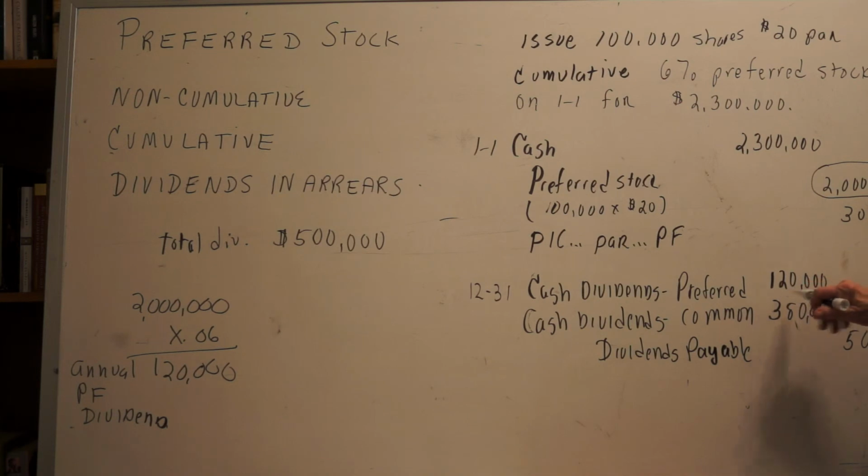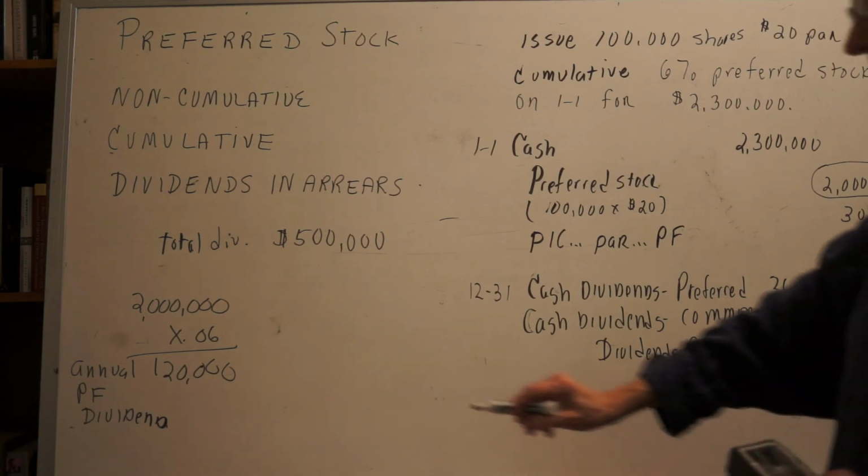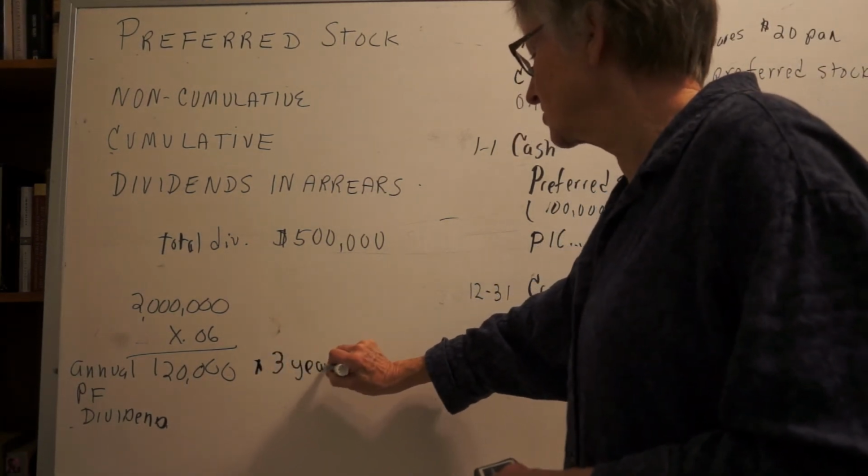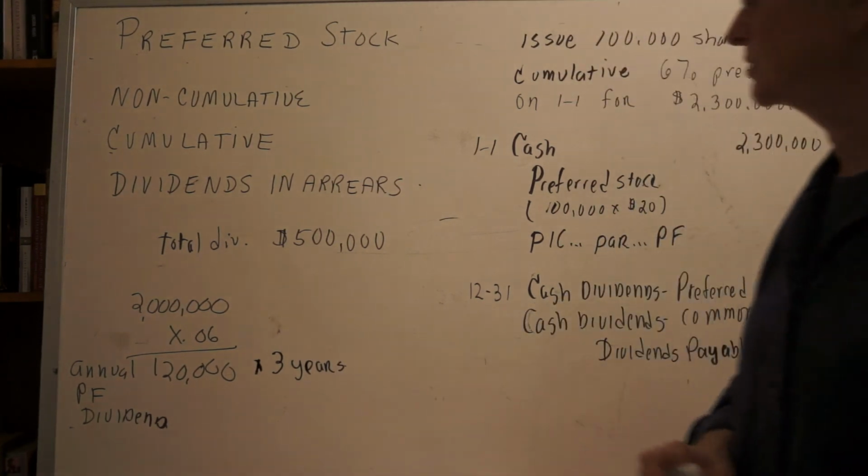They would have to pay 3 years of dividends, the past 2 years plus this year. So they would pay $360,000 to the preferred stockholders. The common stockholders would get $140,000. They would have to pay this times the 3 years, the 2 past years plus this year, if it is cumulative.